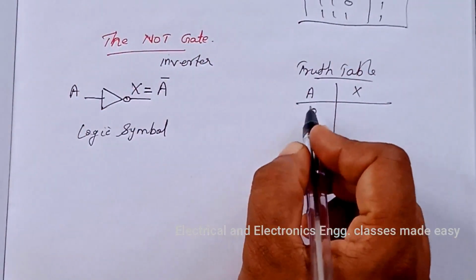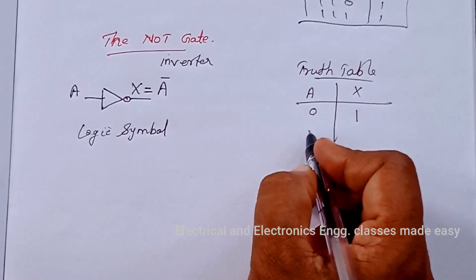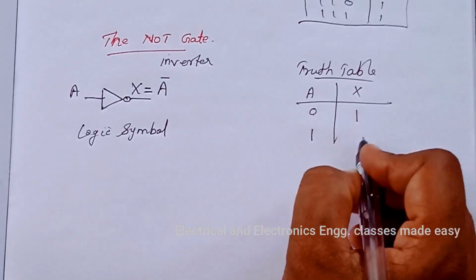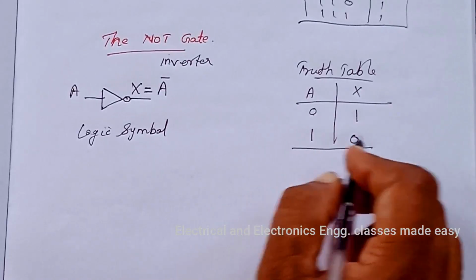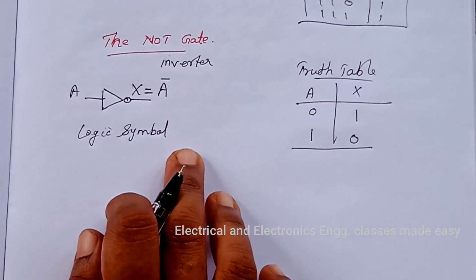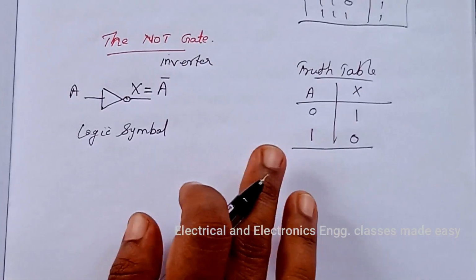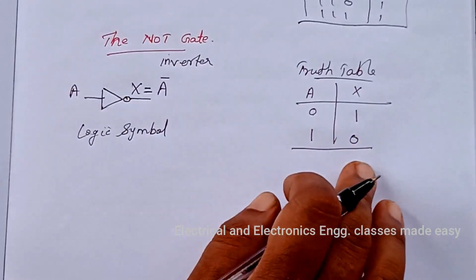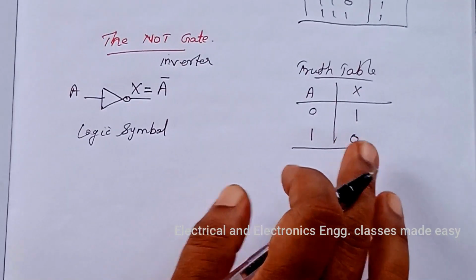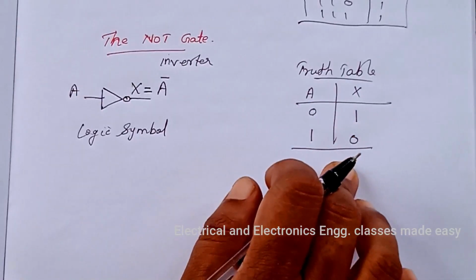That is, when the input is 0, the output will be 1, and when the input is 1, the output will be 0. So this is the case of the NOT gate. The output of a NOT gate assumes logic 1 state when its input is in logic 0 state and vice versa.